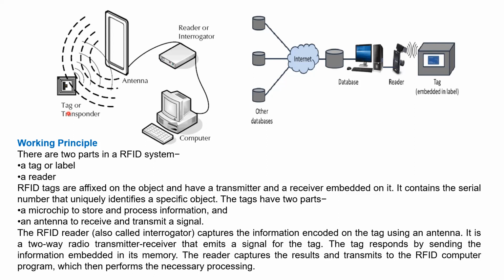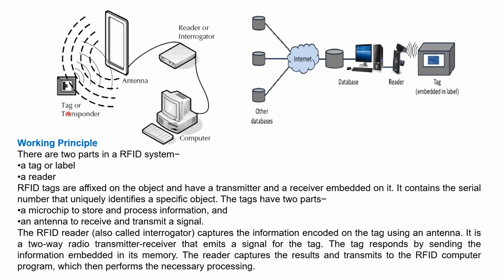This information is captured by your reader, and the captured information is processed with the help of the DSP processor chip present within the reader, and then it transmits this information to the RFID computer program.